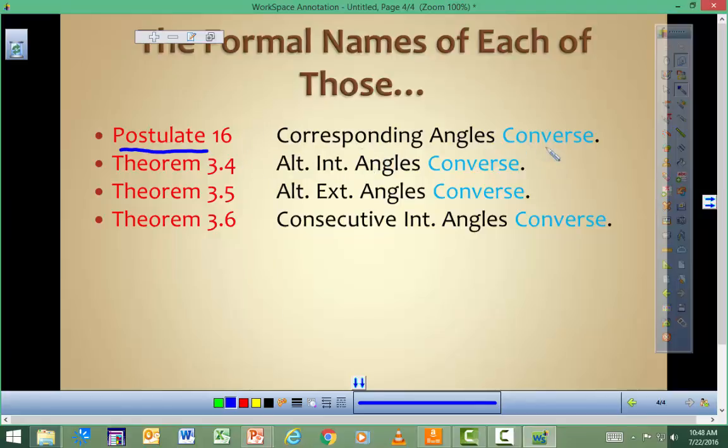And then our conclusion is that we have parallel lines. So make sure you have the word converse in here every single time you refer to these theorems. And that will remind us that we've switched the two around, the P and the Q. Okay. So in any event, this one's a postulate, these three are theorems. So we could prove these, and often to prove these we use that one, the postulate up here.